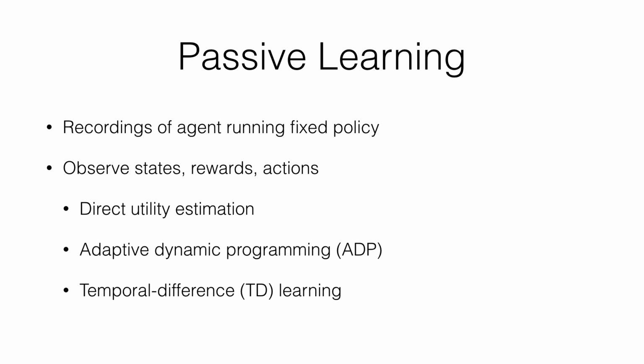And finally, we talked about temporal difference learning. And this is a strategy that updates our current estimates of the utilities every single time we observe a transition, where we take an action and we end up in a new state, or maybe the same state, but we end up making a transition to another state.